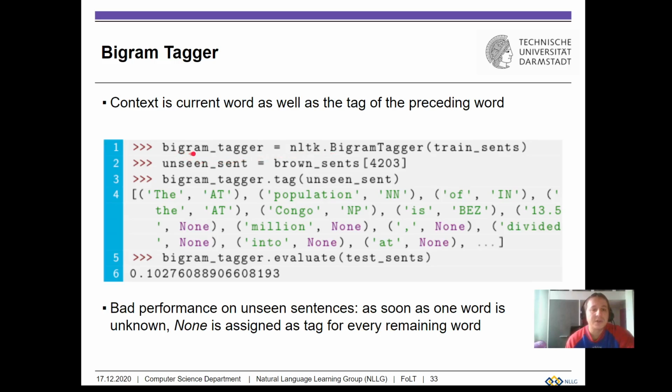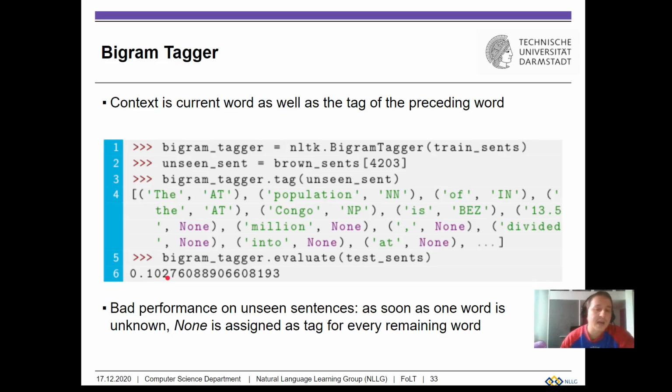We're going to set up the bigram tagger as a standard module in NLTK. We're giving it the training sentences, and then we want to tag an unseen test sentence. Let's say sentence number 4203. In general, we're going to do a full evaluation, and we see that it has only 10% accuracy.